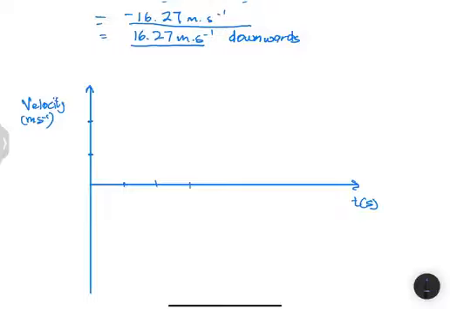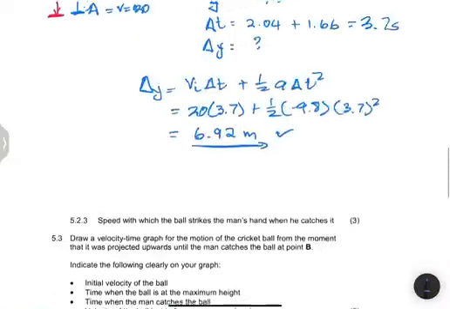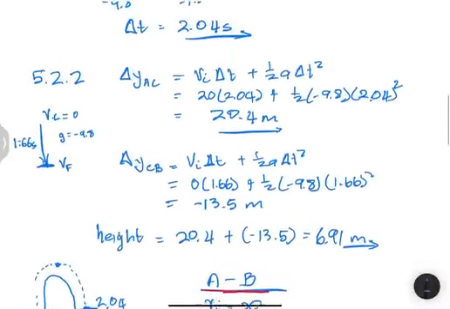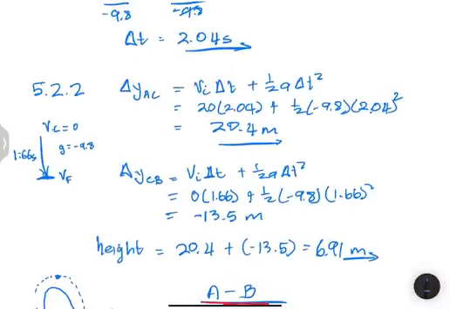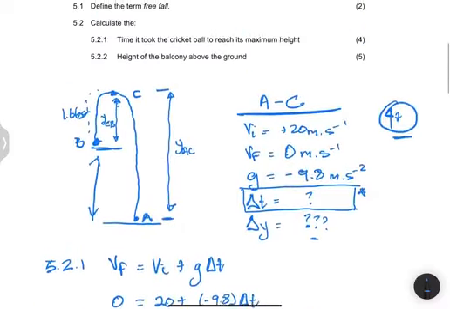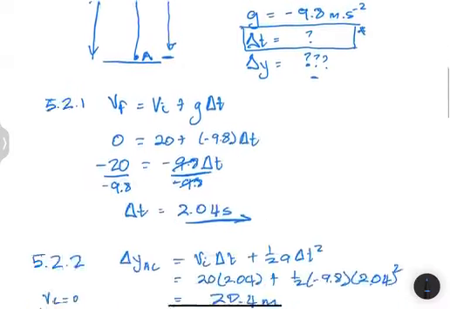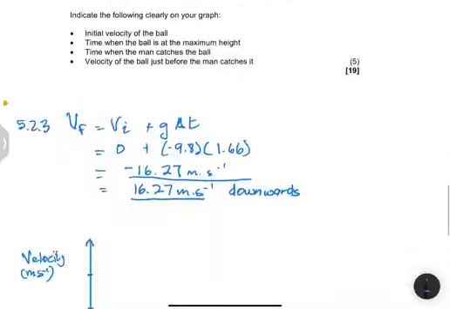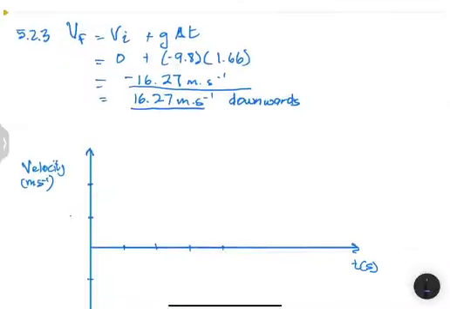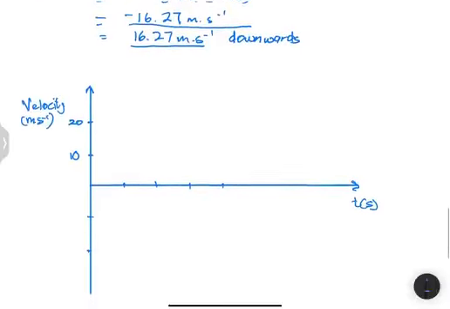So let's try and do the most. Okay, so my velocity, the highest one I've got is 20. Actually, yeah, it is 20. So what I'm going to do is make my velocity in divisions of 10.